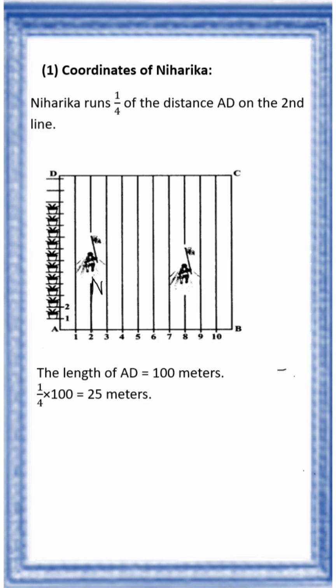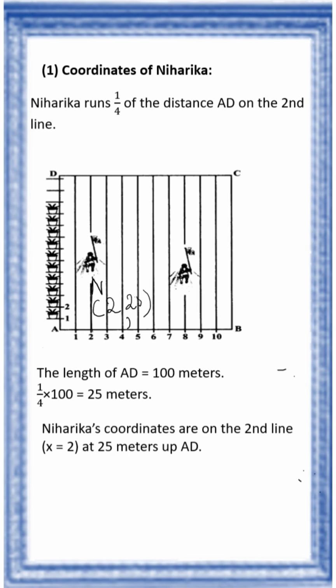So 1/4 into 100, that is 25. So x coordinate is how much? 2. Y coordinate is 25. Niharika is on the second line, x is equal to 2, 25 meters up AD. So coordinates of Niharika are 2, 25.